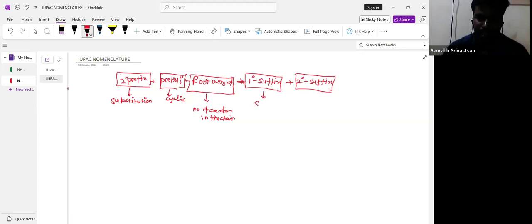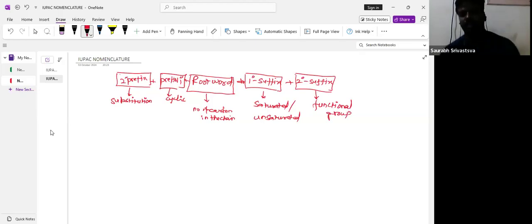Next, the secondary suffix means the functional group. So these are the categories, and based on them we write the IUPAC name of the particular organic compound.